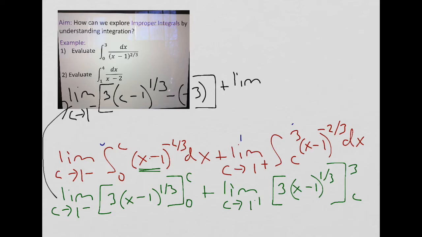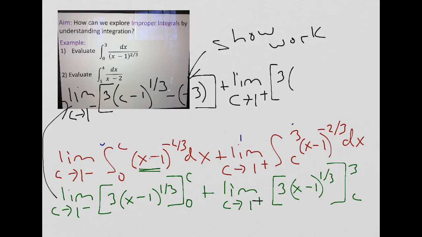And let's do this one now. Make sure that's a plus sign. Now, I know I didn't show the substitution, so make sure you do show work, because if you make a little error, you want to show that you did know how to actually do this. So we're plugging in 3, and we get 2 to the 1/3 power, which is the same as the cubic root of 2.